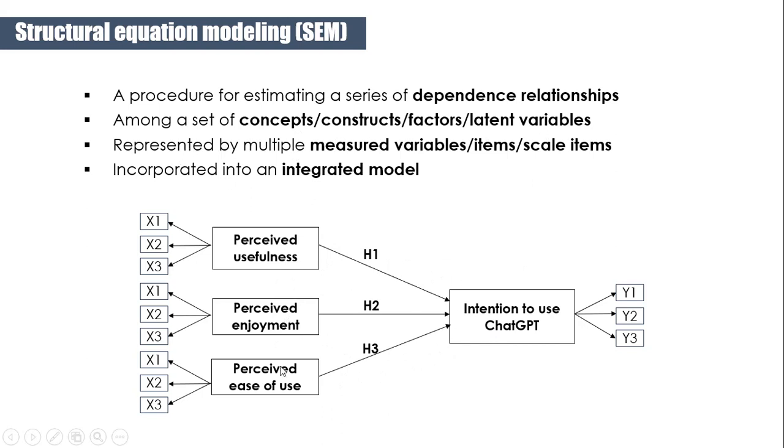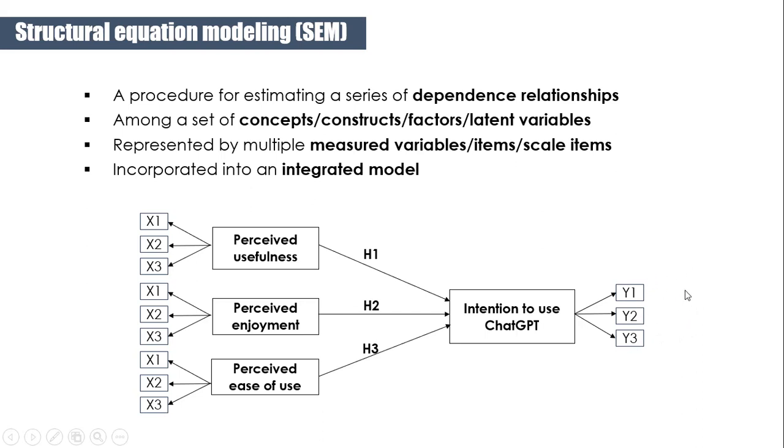These constructs or latent variables are represented by multiple measured variables, items, or scale items. These are the specific questions that we will ask people. For example, y1, y2, y3: three questions related to estimating the customer intention, such as I intend to use ChatGPT, I will intend to use ChatGPT in the future, and I will recommend ChatGPT to others.